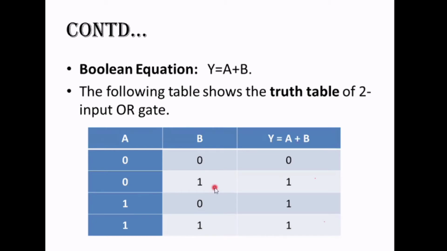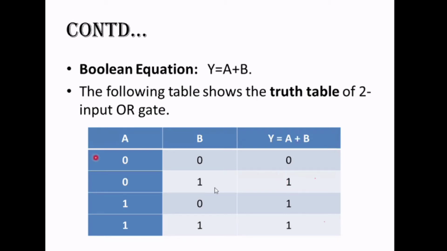Now, you can see over here, the input to the A is low, the input to the B is high, right? दोनों में से एक भी input high means output high, right? So this is why there is high over here. ठीक है? So it means it is 1. Understood? Output is high. Output is high का मतलब होता है 1. These are the terms which are alternatively used, right? So that is why 1 is there over here.